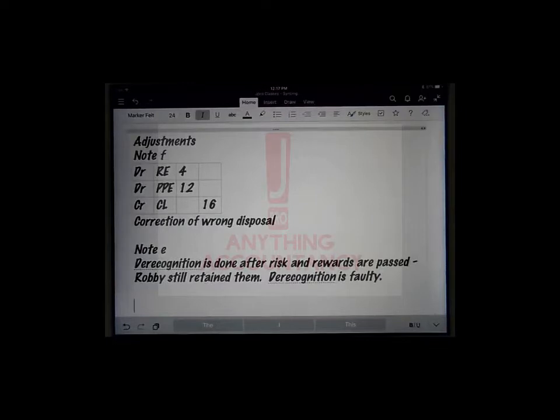So how to do the reversal? Can you reverse for me now? Can reverse or not? Reverse. Hello, reverse anyway. Journal only. How to reverse?